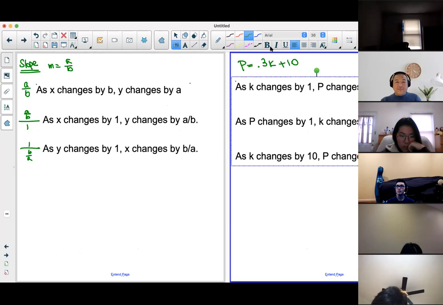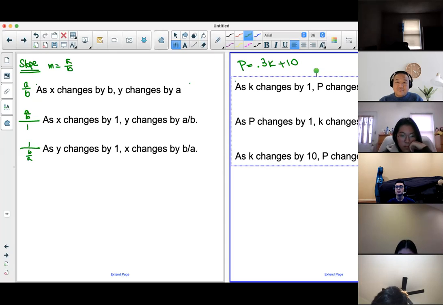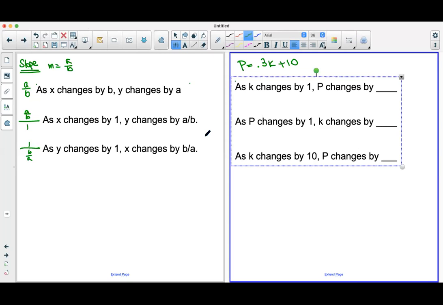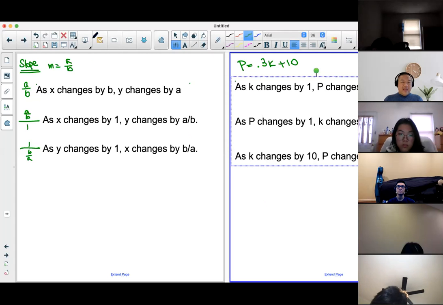Let me know what the answers should be in each case. If you have an answer for all three, let me know. Shoot it over to me, guys.